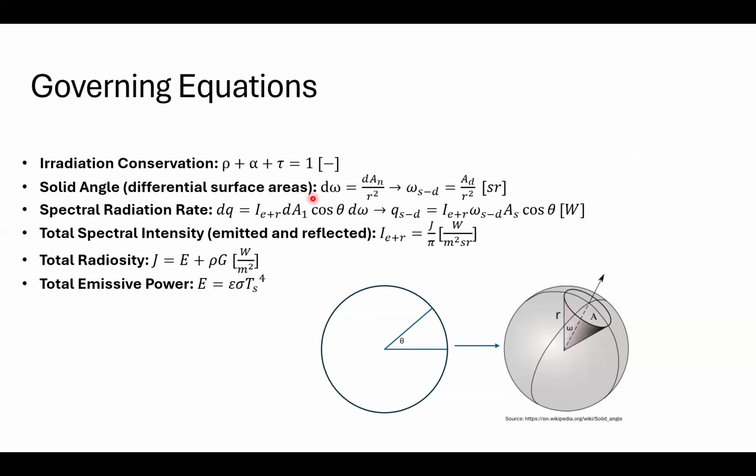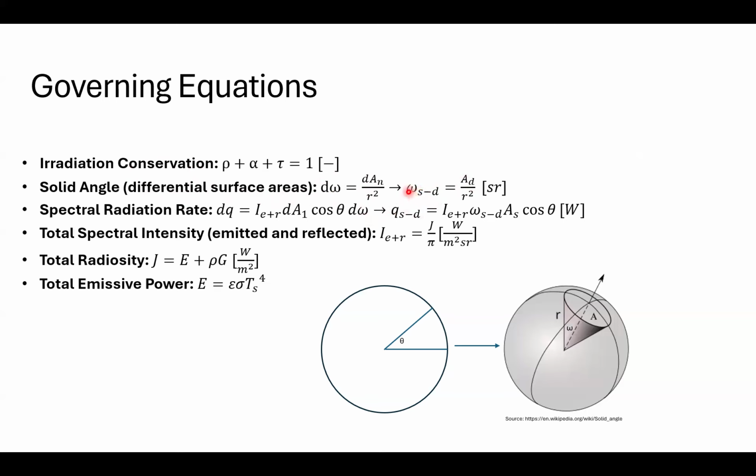We're also going to, again, use this formula for solid angles, assuming that the detector surface is a differential surface. And that allows us to get rid of these differential terms and replace them with just the actual area and then the solid angle.